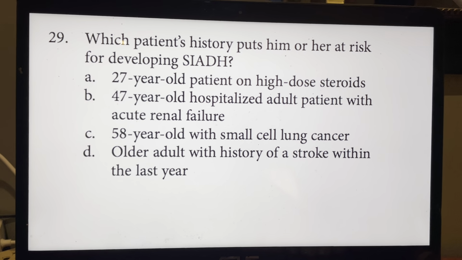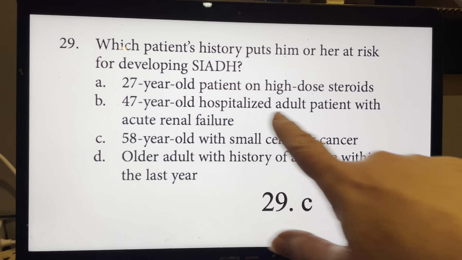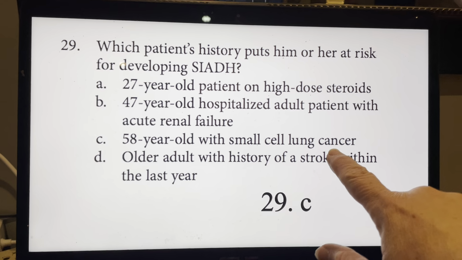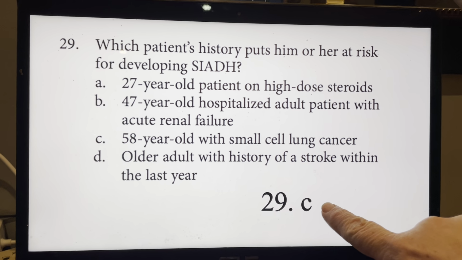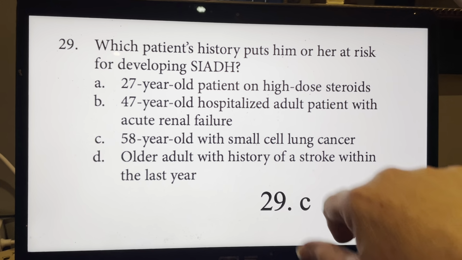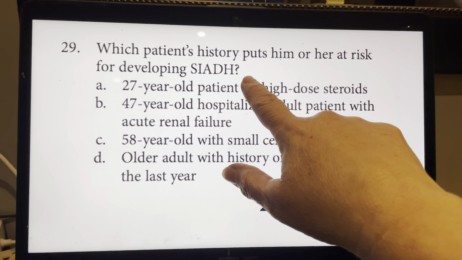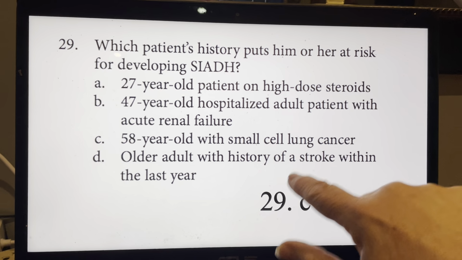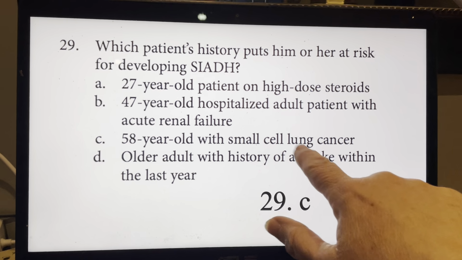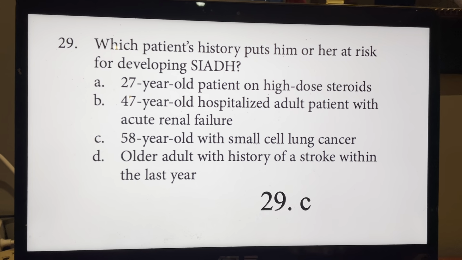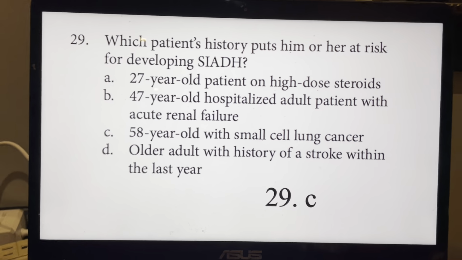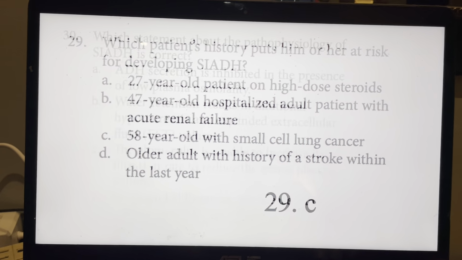You got your answer? Small cell lung cancer. This has been a question on people's NCLEX. A cause of SIADH is cancer, specifically lung cancer. So somewhere inside yourself, get a Sharpie marker and write it on your frontal lobe.